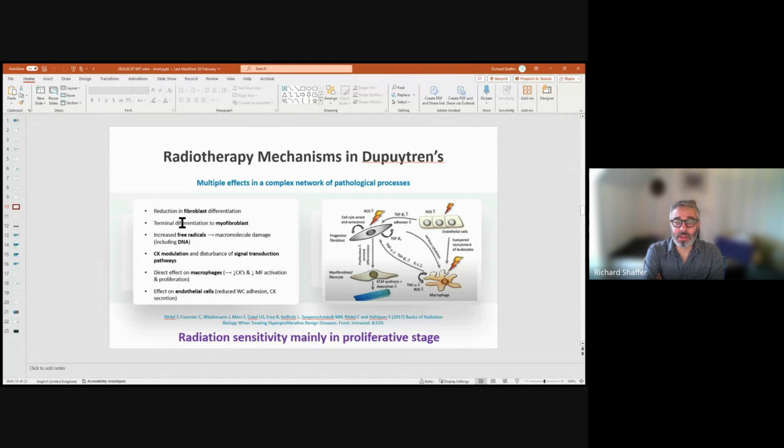It only really works when there's biological activity in the early stages. Once it forms a contracture, it's no longer really effective. So there are very different actions, and this is given at 3 gray per fraction. So obviously it's a very different mode of action and a different dosing schedule.